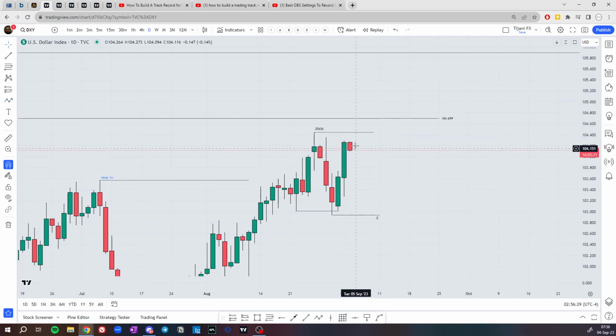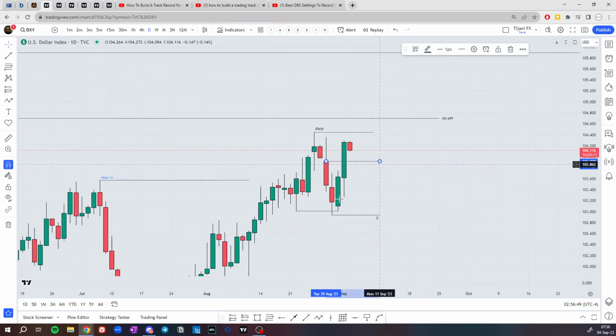But if the Monday candle closes as an expansion higher, it is a confirmation that Monday is the low of the week. But I'm expecting now Tuesday to be the low of the week, and we have this volume imbalance that can react as a support for price to continue higher.